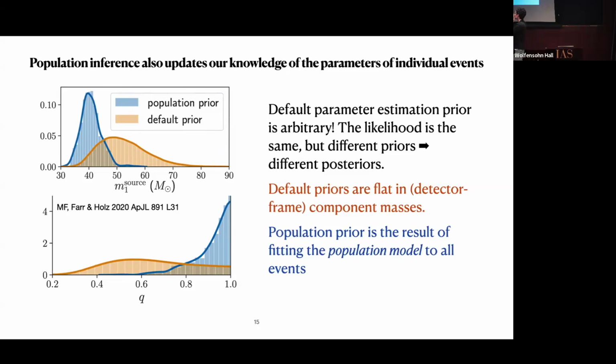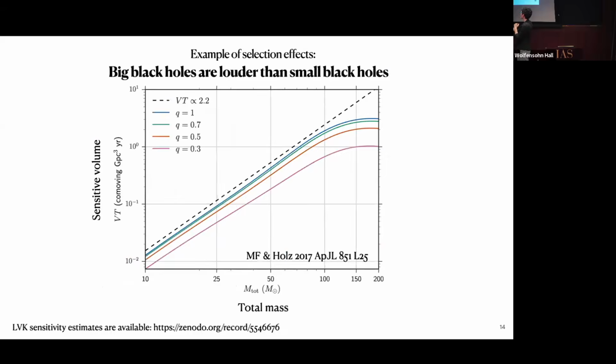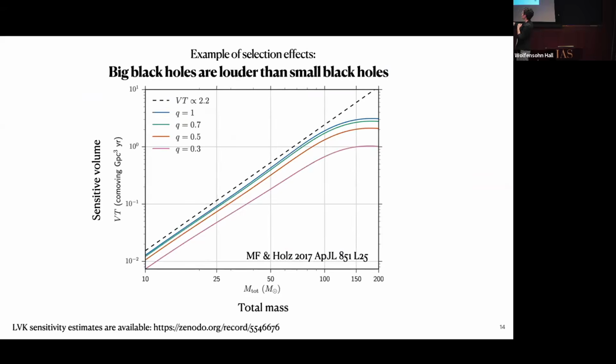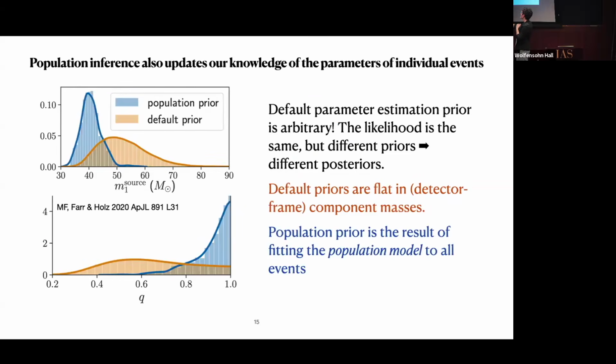This type of posterior, I don't have a plot for it here, but you can really see it's coming from this joint inference. You can write a joint posterior over the thetas and lambda, and then you could make a corner plot of your population parameters versus your masses for an individual event.